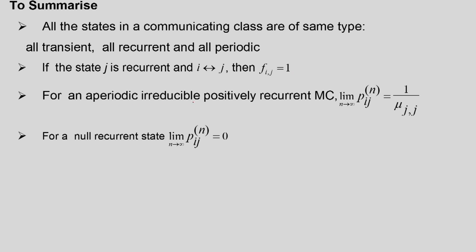For an aperiodic irreducible positively recurrent Markov chain, this limiting probability P_ij^(n) is equal to 1 by mu_jj. This is the mean recurrence time. And for a null recurrent state, the limit of P_ij^(n) as n tends to infinity is equal to 0. Earlier we proved that this is 0 for a transient state.